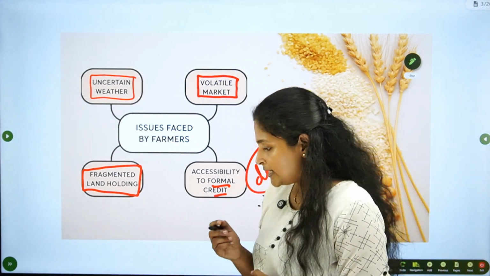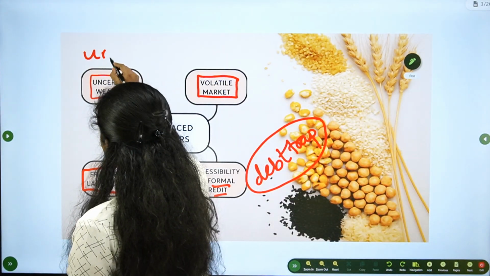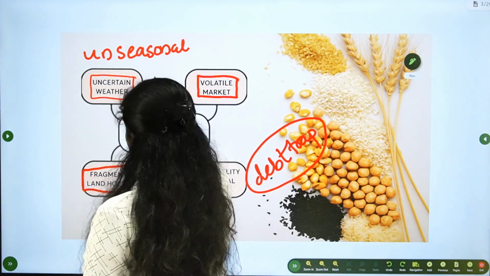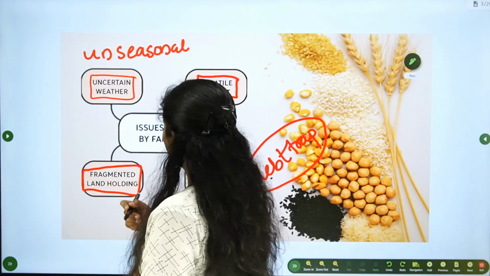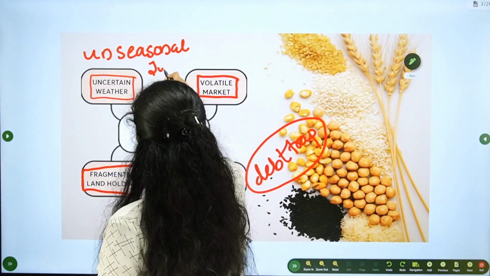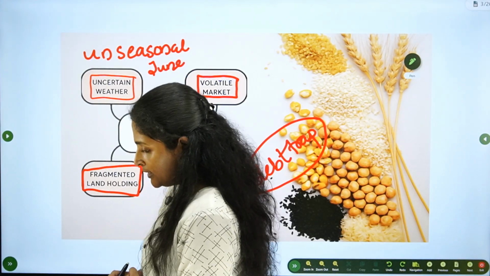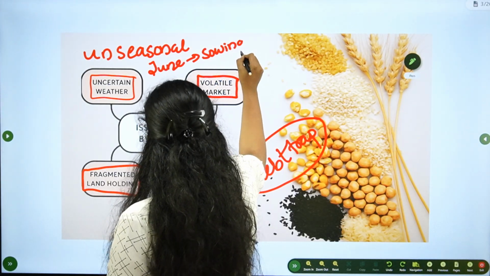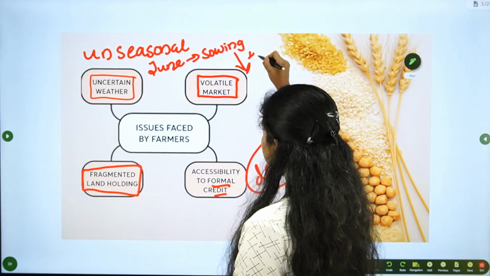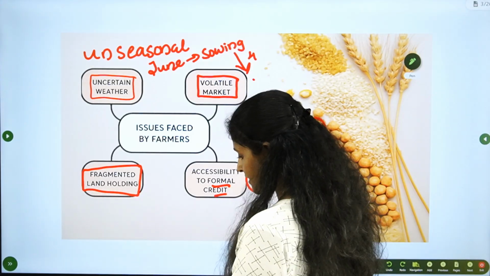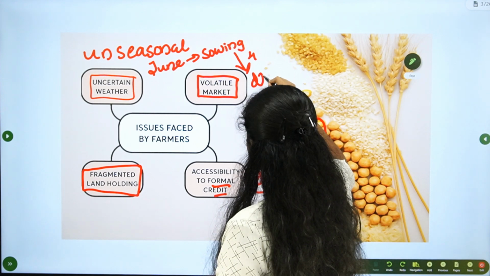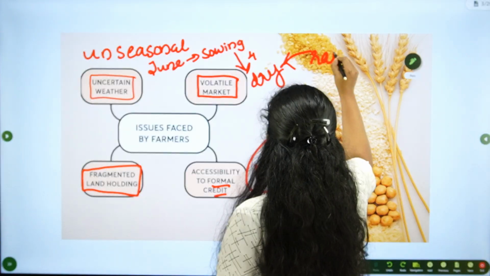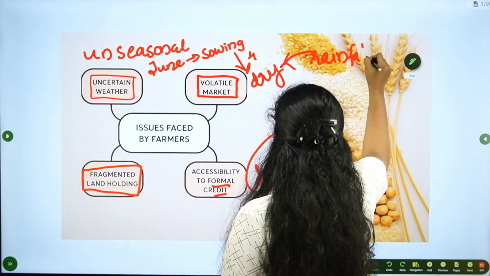Apart from these, there is something called unseasonal rainfall. That means if the rain is needed in June, and that is the sowing season, and the crop grows for say 4 months, and when it gets harvested, that crop needs a dry season naturally, and if rainfall happens then, it is called unseasonal rainfall.